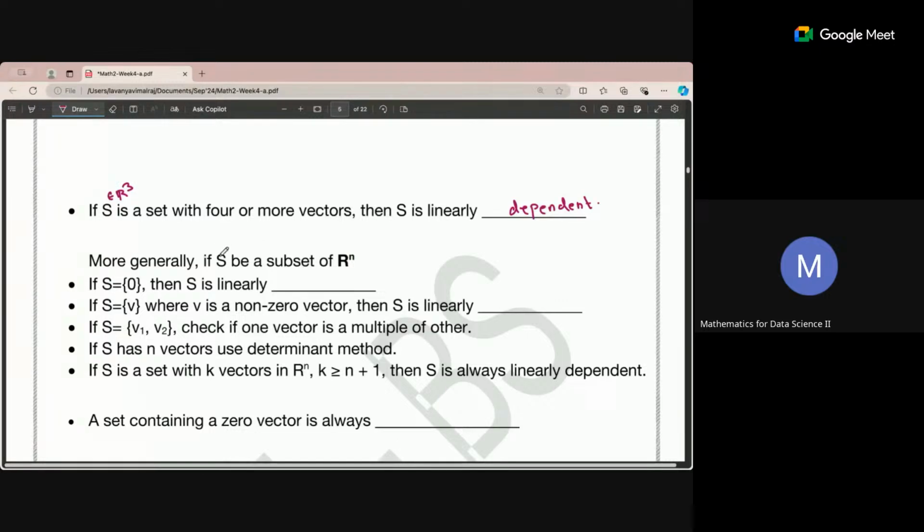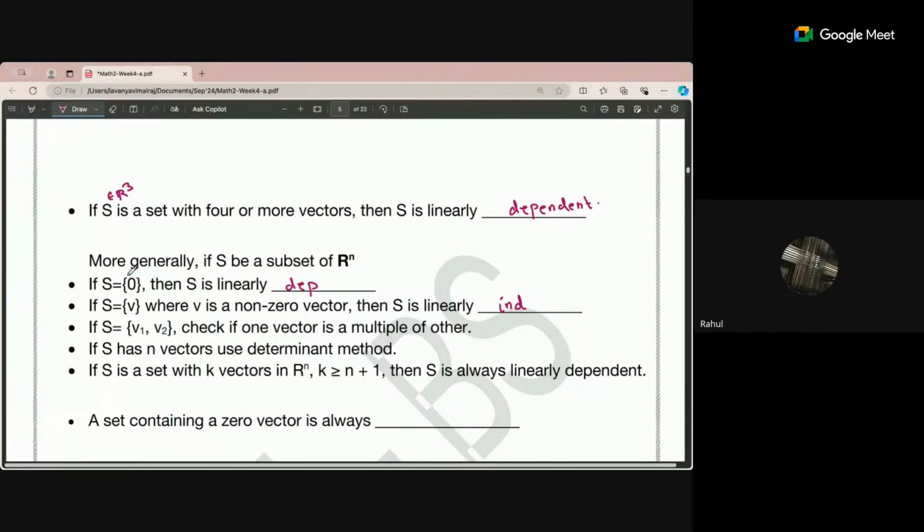More generally, we are now considering a subset S of Rn. If S is empty, then S is linearly dependent. If we are considering a single non-zero vector, it is independent.